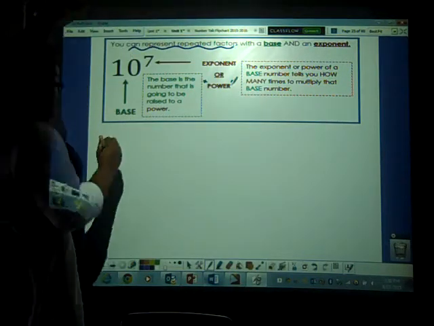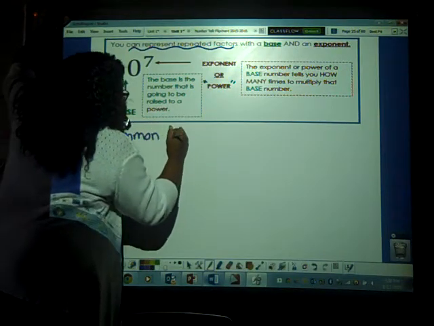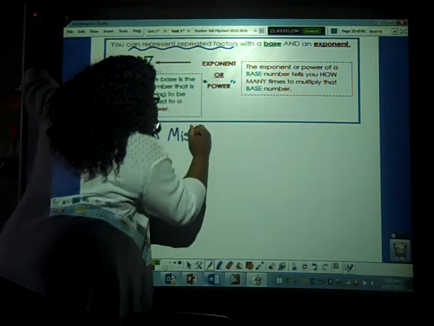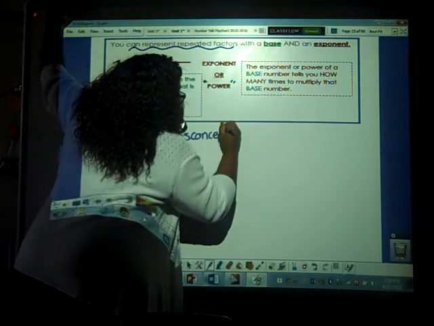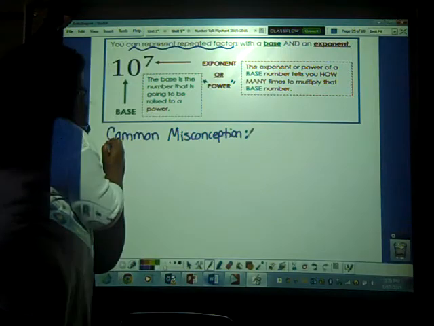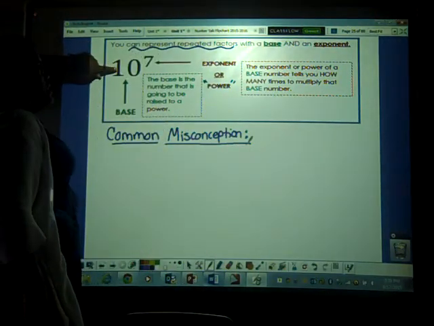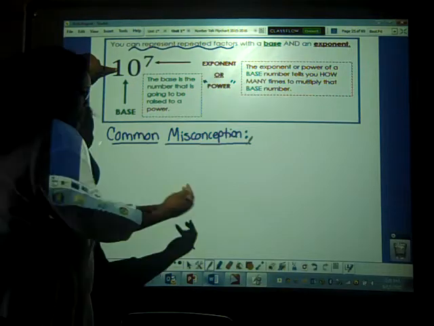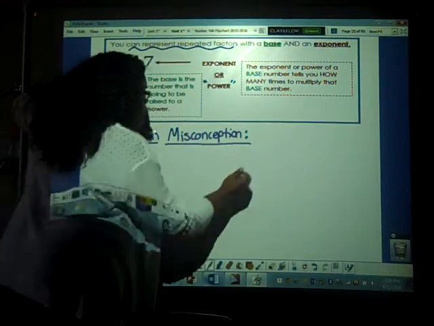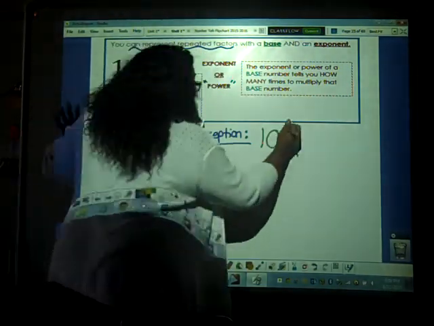So a common misconception that a lot of fifth graders have is that they will look at 10 to the 7th power as our example. They will say, oh, Miss Davis, 10 to the 7th power, that is easy.